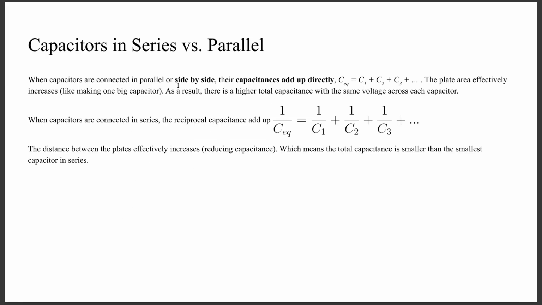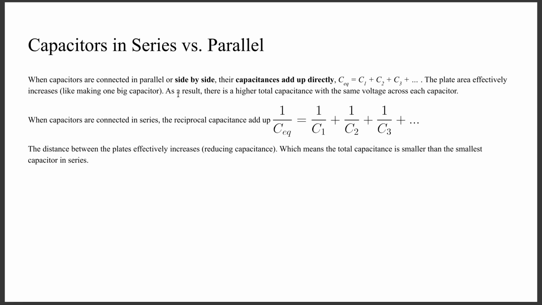Capacitors in series versus parallel. When capacitors are in parallel, or side by side, their capacitances add up directly. So the equivalent capacitance is equal to C1 plus C2 plus C3, etc. The plate area effectively increases, like making one big capacitor.